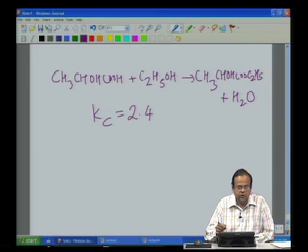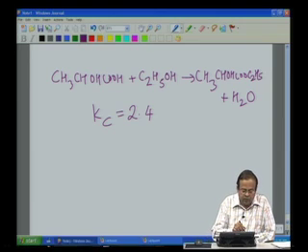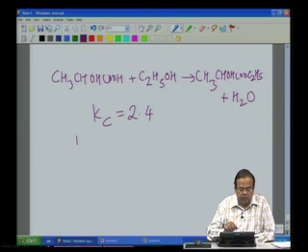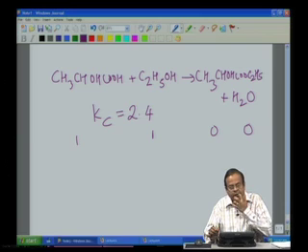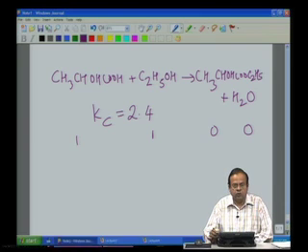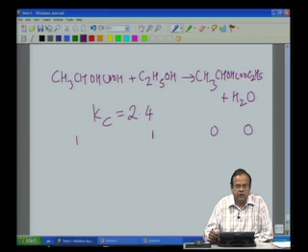To do this calculation, let us say that we started with 1 mole of lactic acid, 1 mole of ethyl alcohol or ethanol, and 0 moles of ethyl lactate and water, and our extent of reaction is, let us say, alpha.